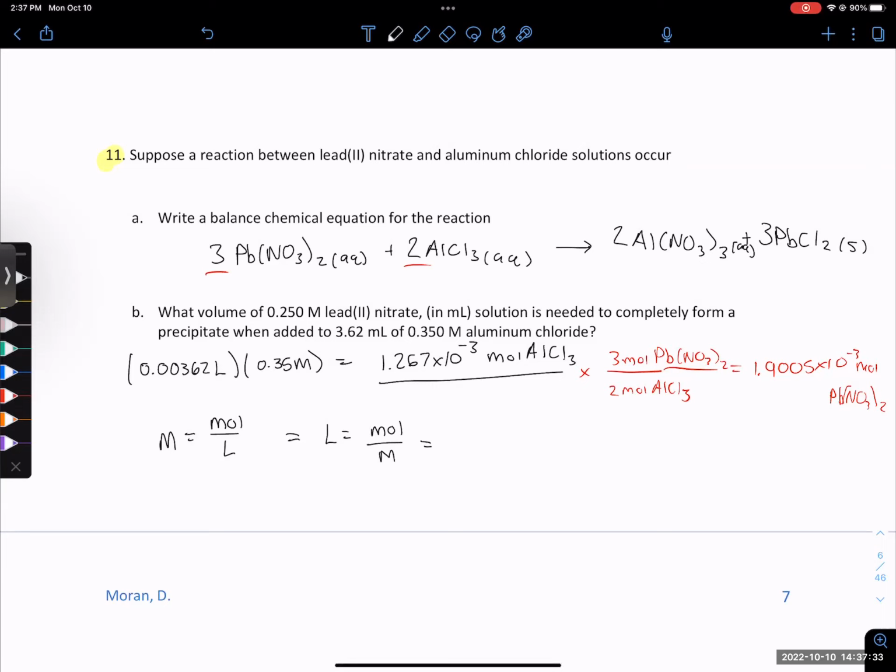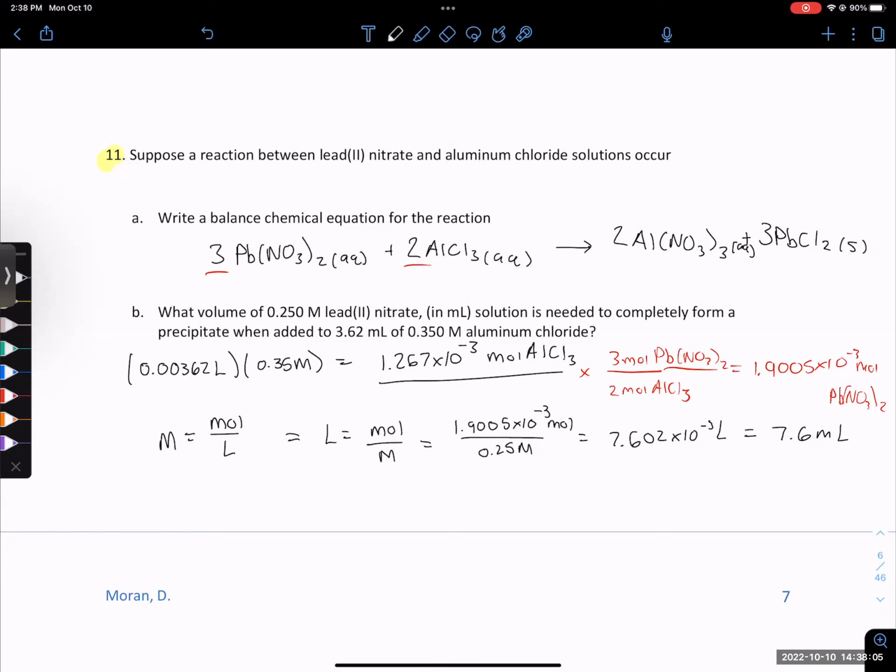We calculated the moles, and that is 1.9005 times 10 to the negative 3 moles, divided by the 0.25 molar. And what we get is about 7.602 times 10 to the negative 3 liters, which is equal to 7.6 milliliters.